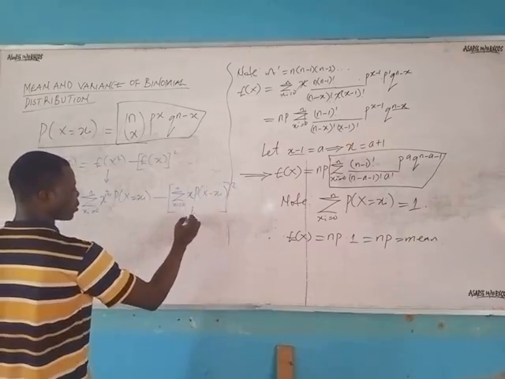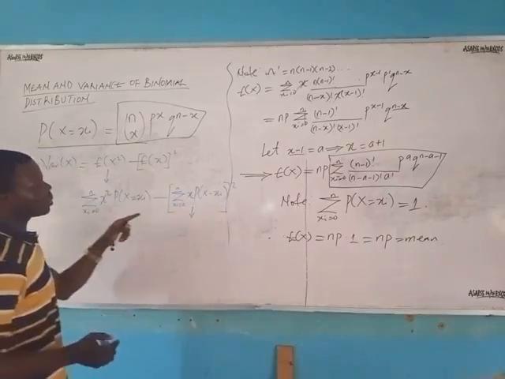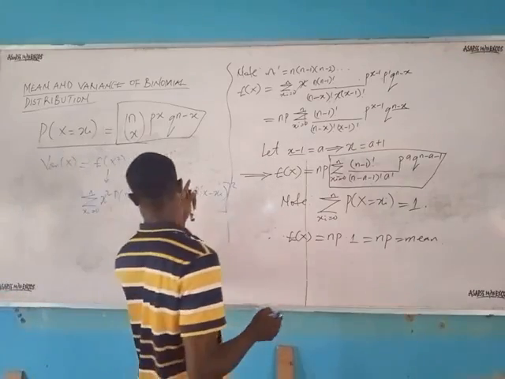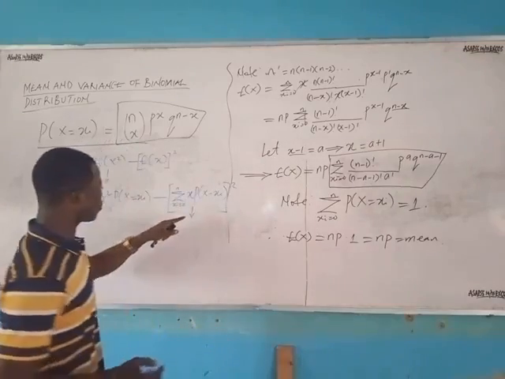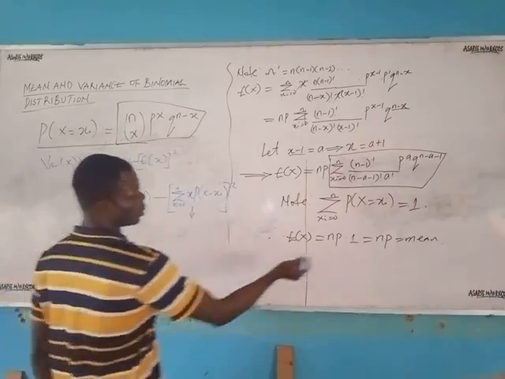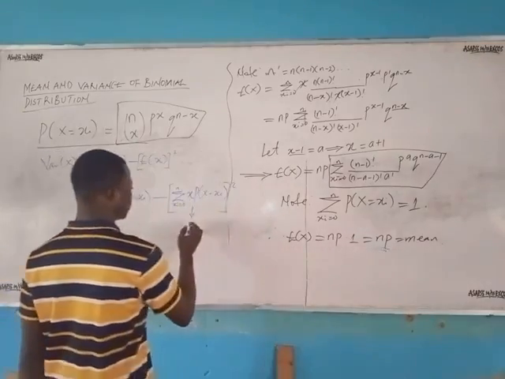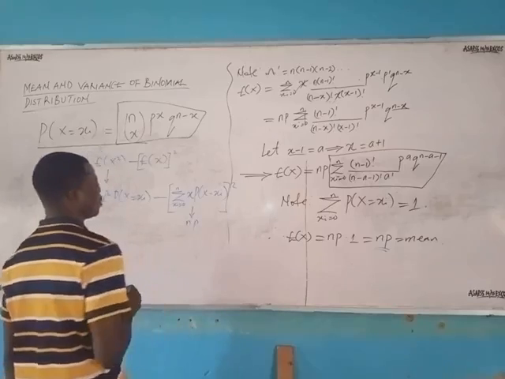We've calculated this already, which is the same thing as our mean, the distribution we just calculated, and it's our np. So this one is our np.